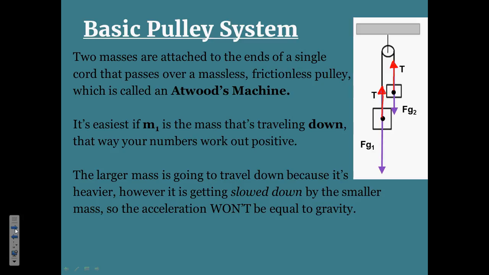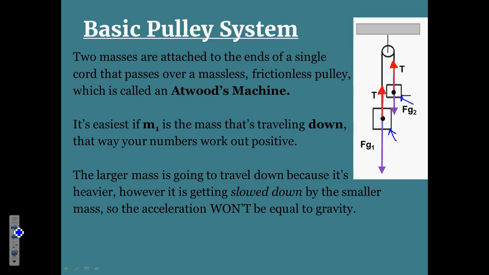When we see these two masses, they are attached to the ends of one cord. So here's one and here's one. The cord, remember, is massless, and the pulley is frictionless. Again, we call this an Atwood machine.